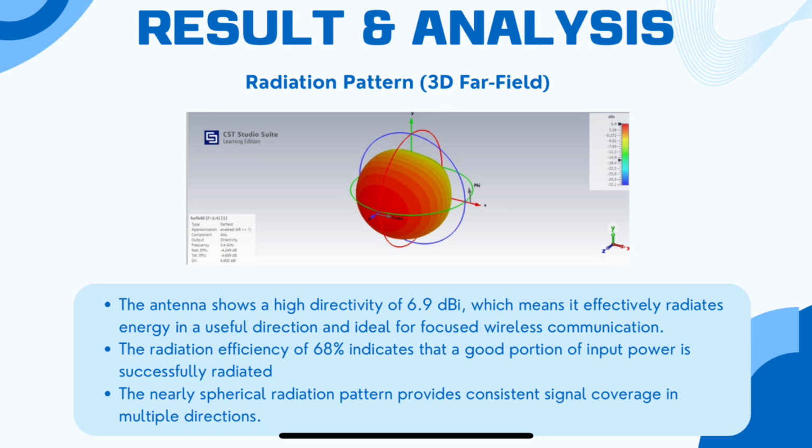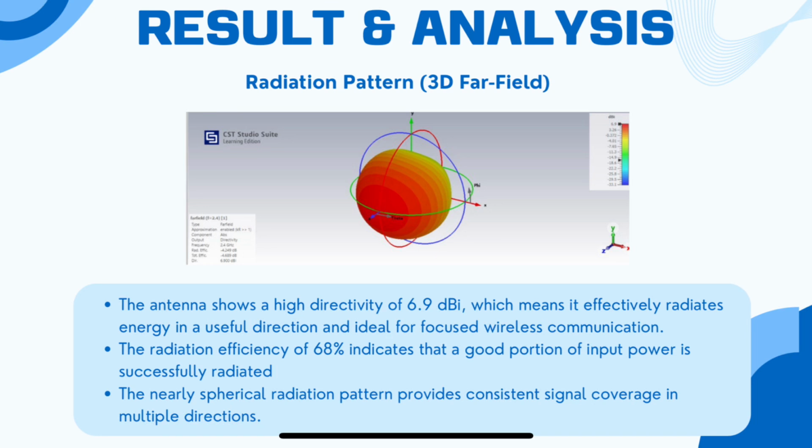Next, we will look at the antenna's 3D far field radiation pattern to understand its performance in terms of directionality and efficiency. The antenna has a high directivity of 6.9 dBi, which means it radiates energy effectively in a specific direction. This is ideal for focused wireless communication, where the signal strength needs to be concentrated rather than spread out in all directions.